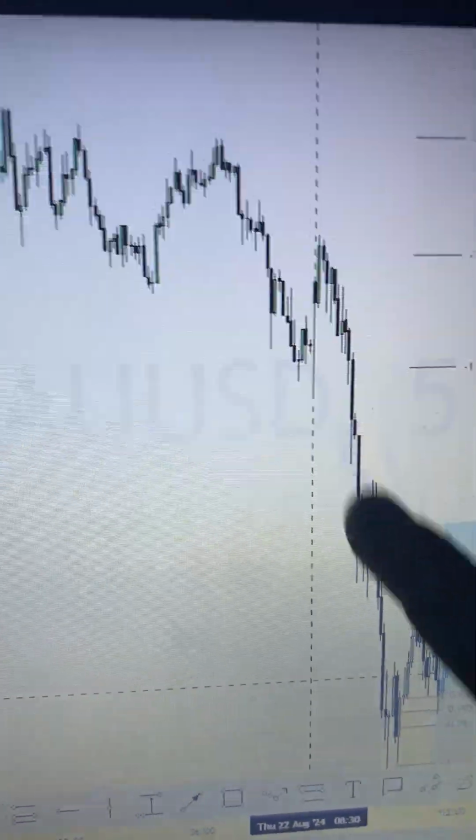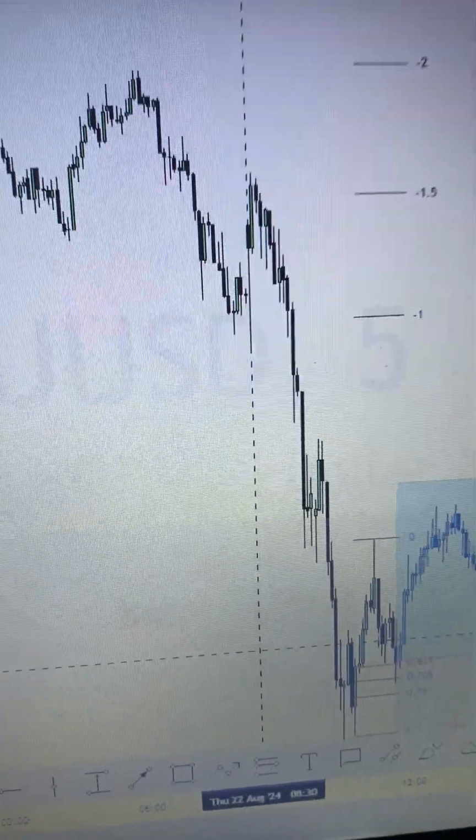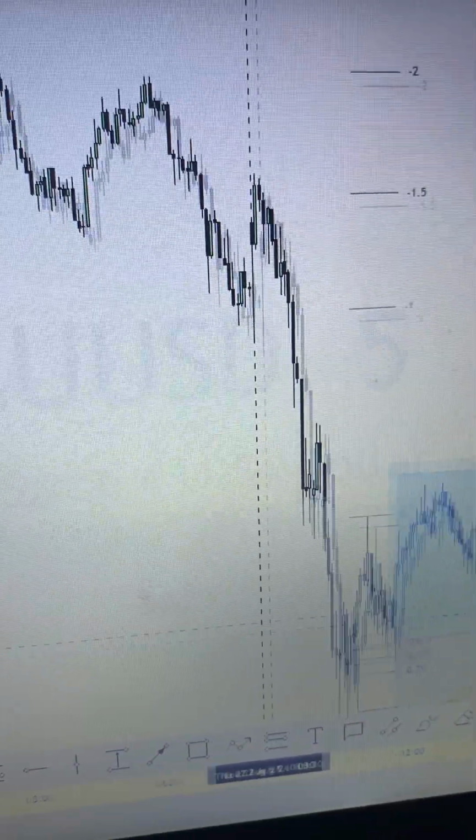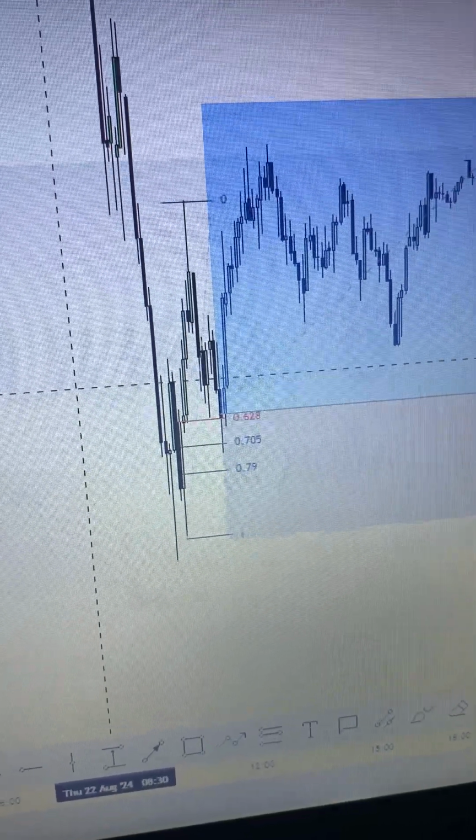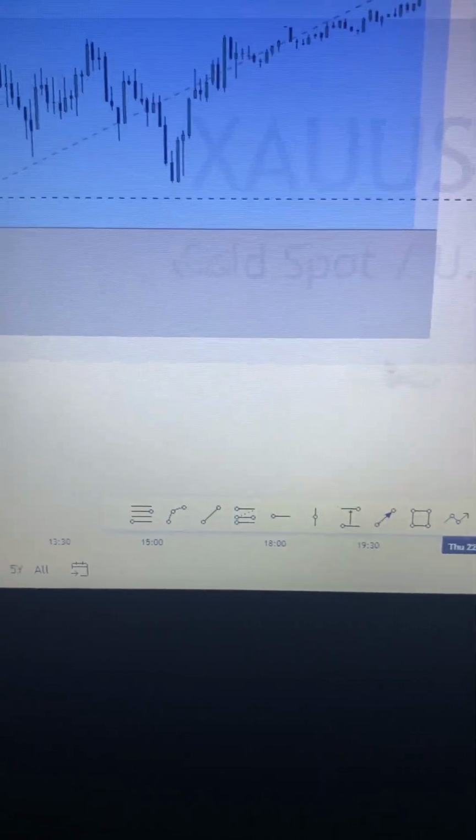It goes down, and then when it stops, let me zoom out a bit.